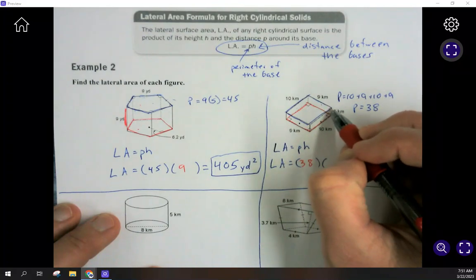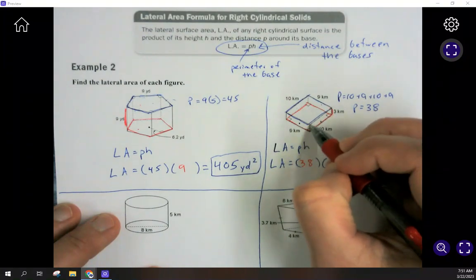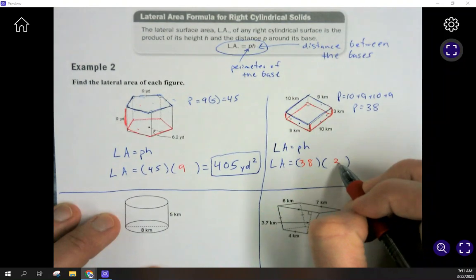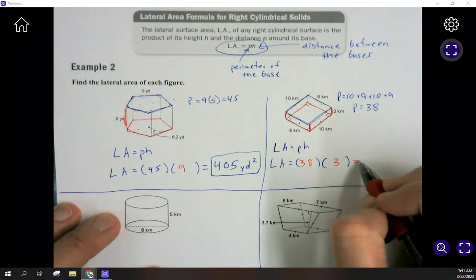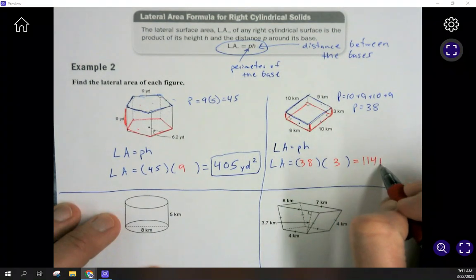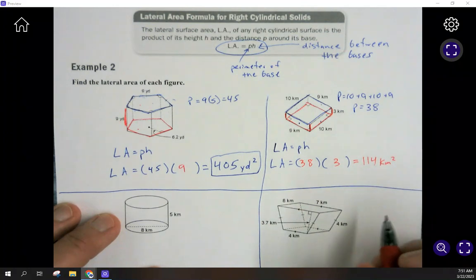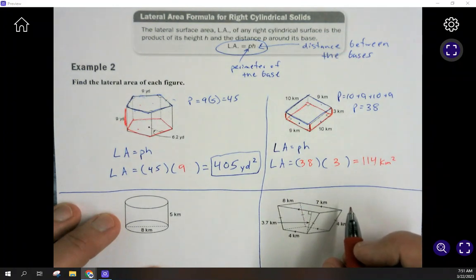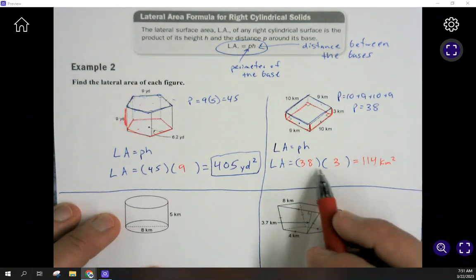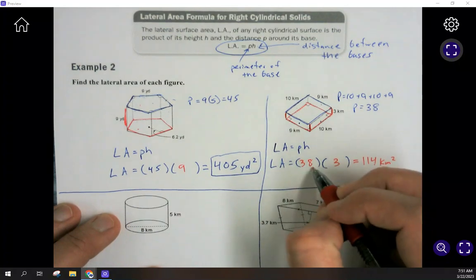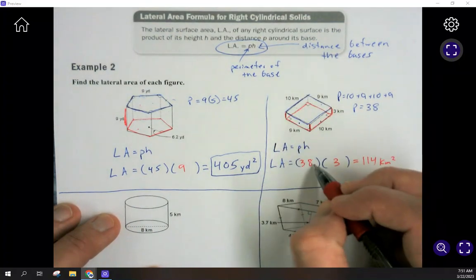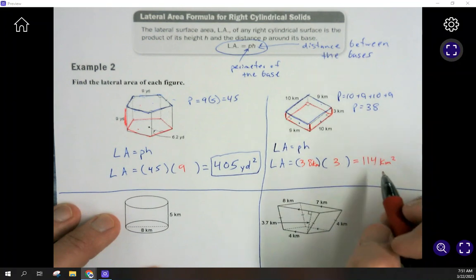Connecting these two rectangles, the height is 3. 38 times 3 gives me 114 square kilometers. The reason that the unit's always squared is because you're multiplying. Technically, this is 38 kilometers around, singular kilometers, not squared.